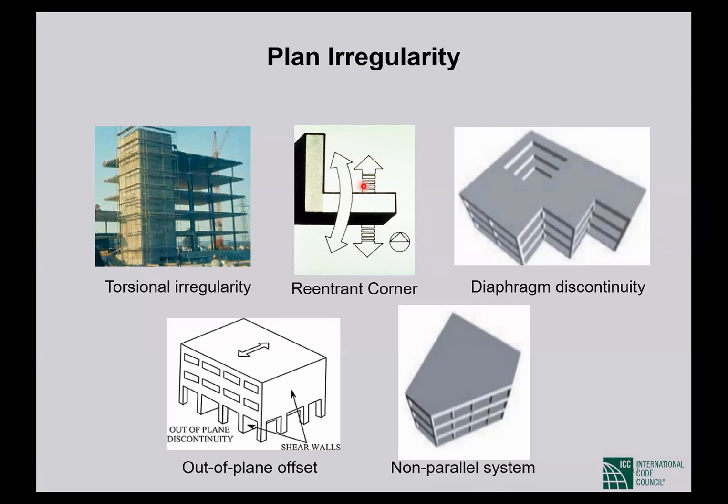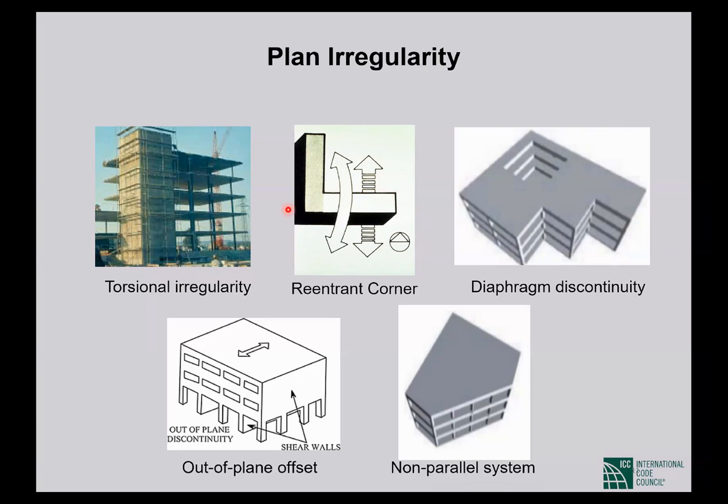If it vibrates in this way, this part is stiff, but this part is quite flexible. And so this part will vibrate quite heavily compared to this part. And in this corner, there may be cracks because there will be stress concentration at these corners. So this type of corners are called reentrant corners.